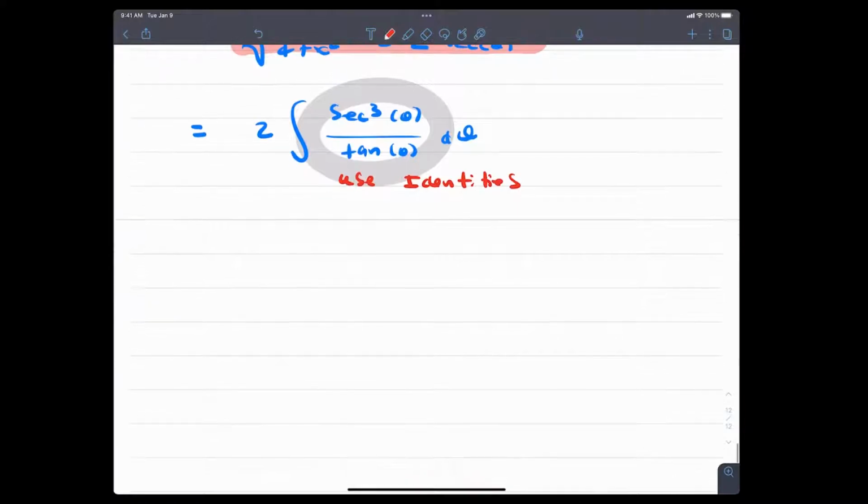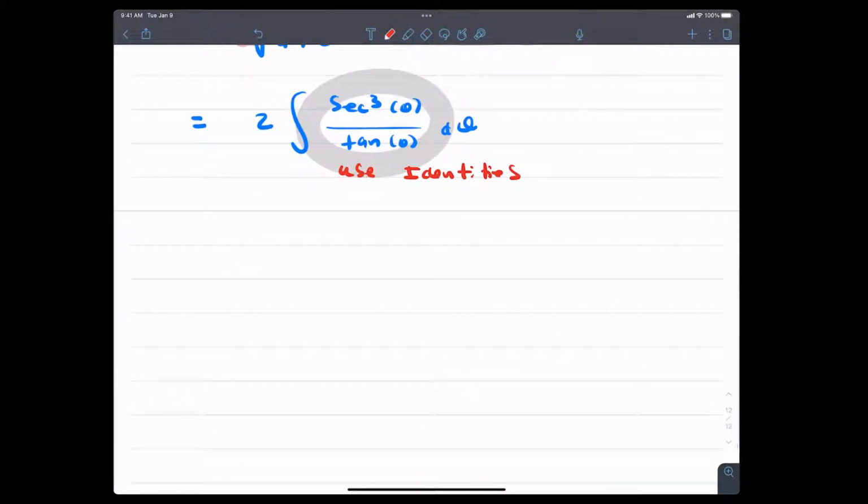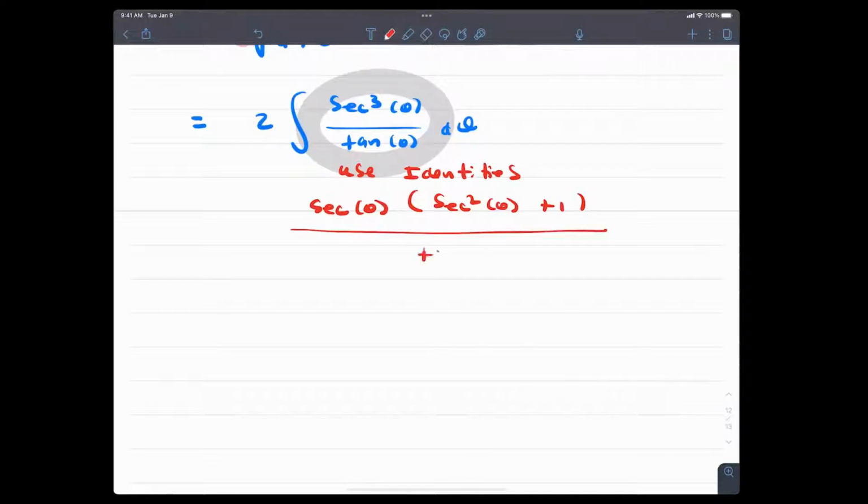I know what I did prior. I actually did this: secant theta, and then I had secant squared theta plus 1 over what? Tangent theta. I factored out a secant theta. And what do I have? Oh, no, that's not what you have.